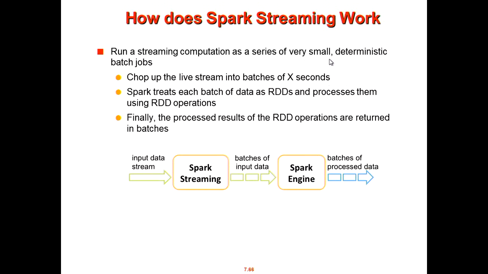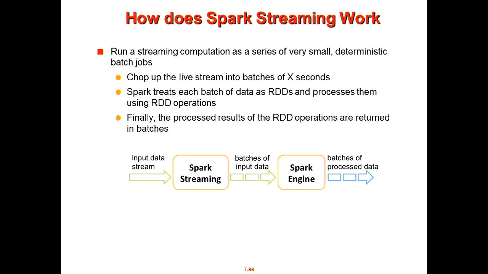Spark Streaming computation is like running a series of very small, deterministic batch jobs. Although it's streaming data, we split the stream into several batches and process each batch in parallel. We chop up the live stream into batches according to time, maybe 5 seconds per batch. Within these 5 seconds, according to the data I received, I create one batch.